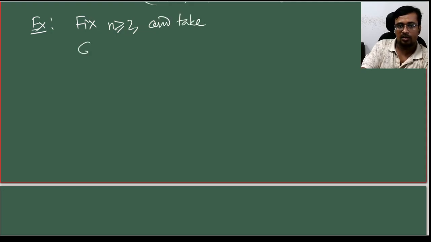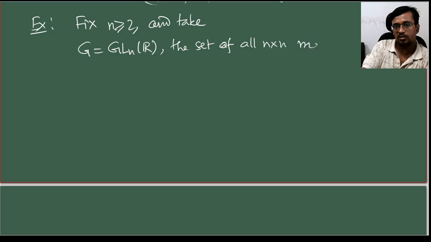Okay, good. Another example. So consider n greater than or equal to 2 and take G to be GLn(R), the set of all invertible n by n matrices with real entries.